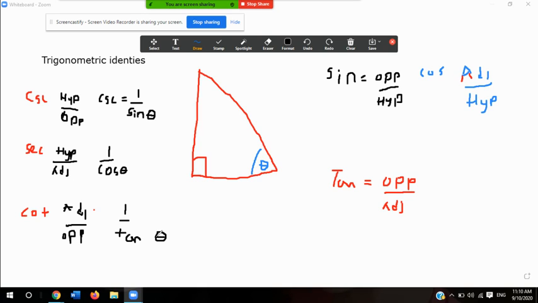So example number 2, which is on page 30, if I'm not mistaken, of your textbook.